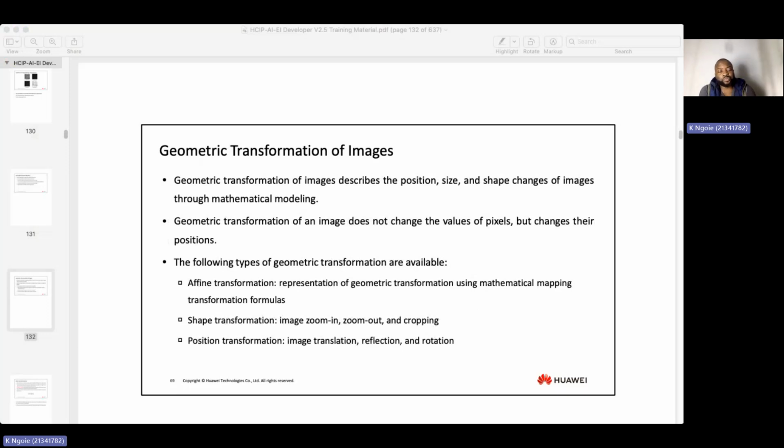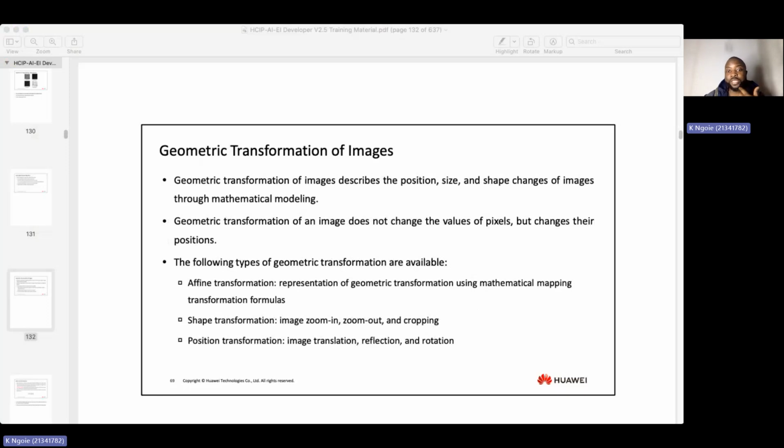Okay, so what is a geometric transformation? If we have to define it, we can say it's the process of mapping an image from one coordinate system to another coordinate system. We only change its position, size, orientation, and shape, but we don't change the intensity of pixels. In AI, geometric transformation helps models recognize objects despite variation in rotation, scale, or perspective.